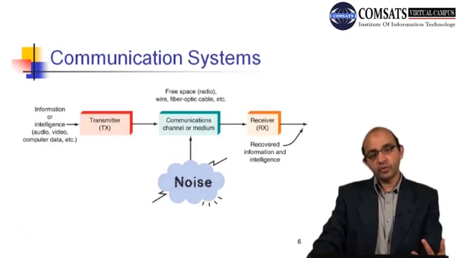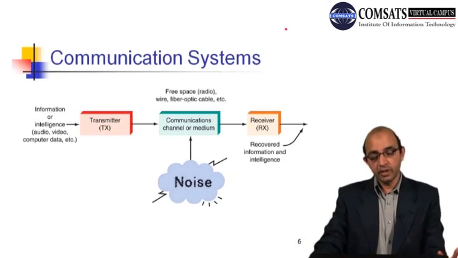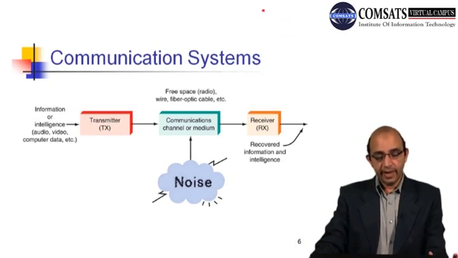So here, if we talk about the communication system, we have a transmitter. The information has to be transmitted by using some channel, and that channel or medium can be free space, right? And it can be wired media or guided media. Then we have fiber optics that uses light in order to transmit information from one point to another point, and it's a high-speed link.